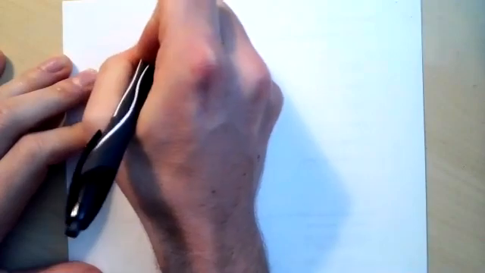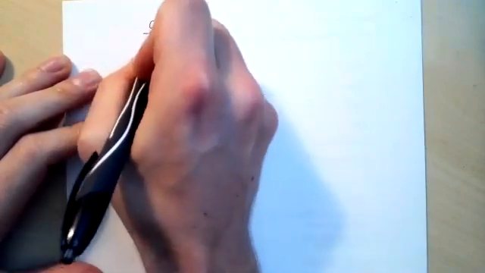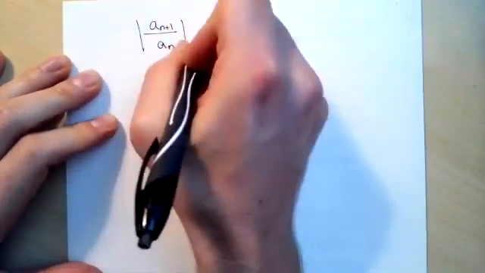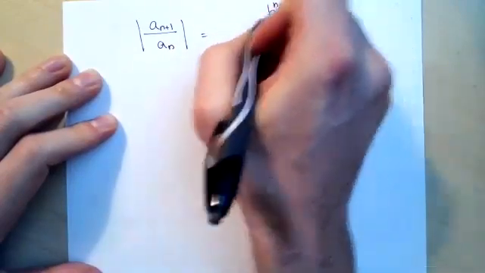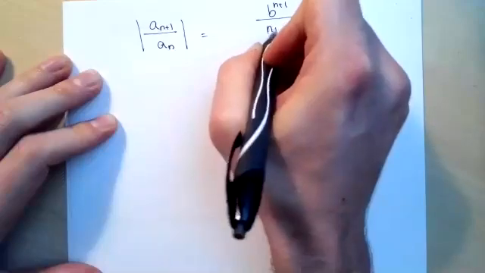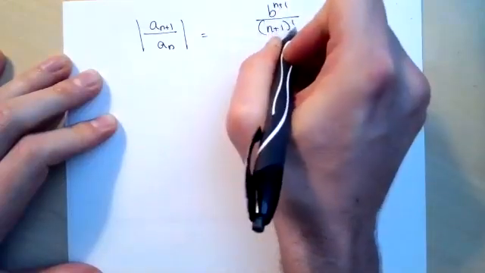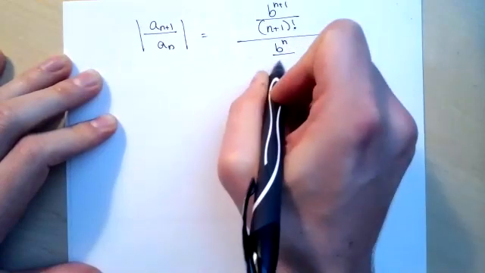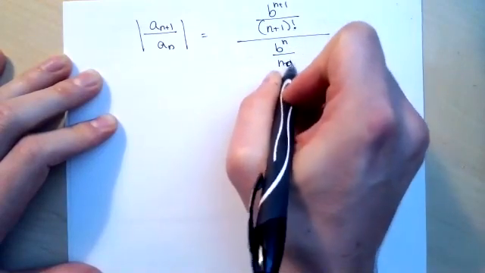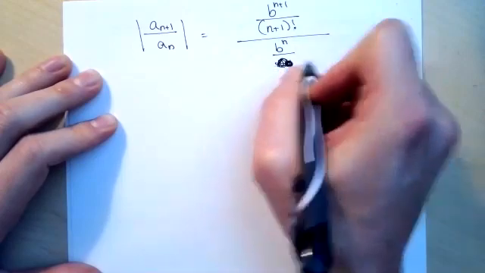So we've got a_{n+1} over a_n is going to be b to the n plus 1 over (n plus 1) factorial, over b to the n over just n factorial here.